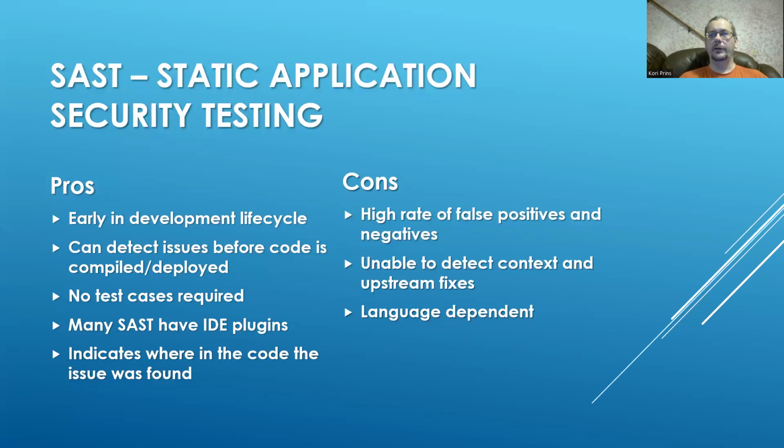But unfortunately, most SAST solutions do not have the ability to analyze the code as a whole to determine if an issue that it identifies is actually addressed further upstream in the code, or the reason for the issue. It may be working as intended, but still flagged by the SAST tool.